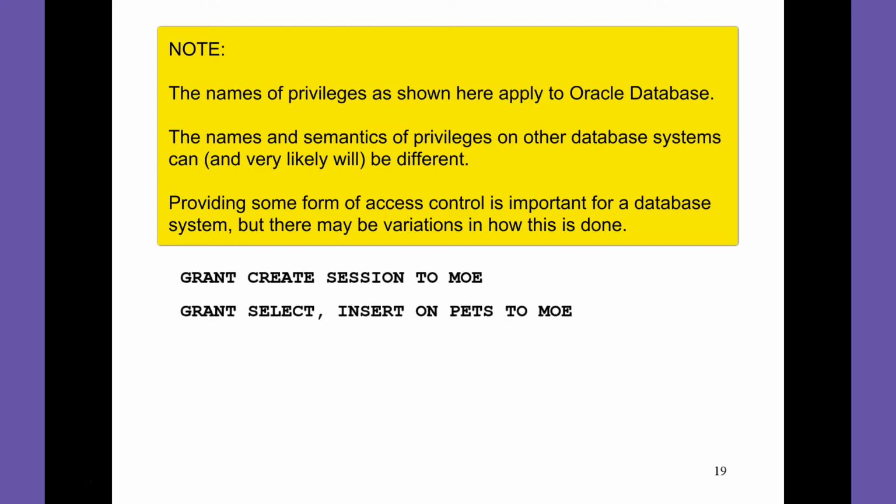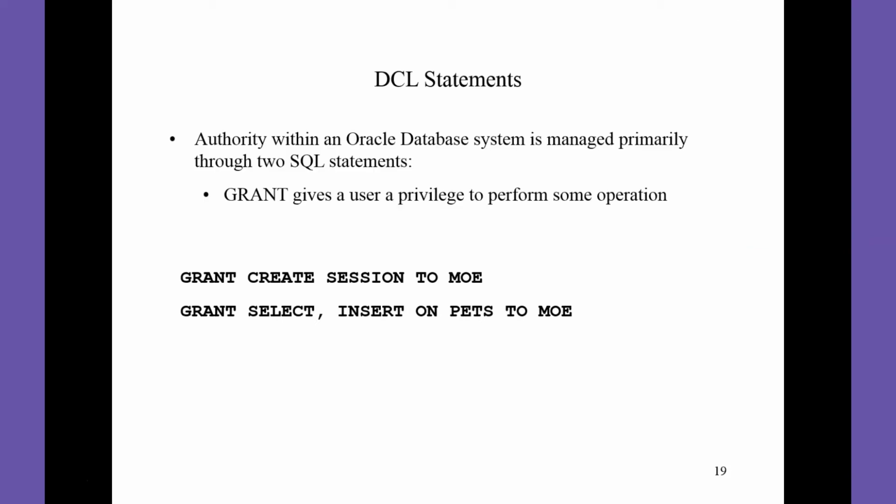For example, we can allow Mo to connect to the database and perform various operations. This would be accomplished by granting Mo the create session system privilege. Now Mo can actually connect to the database. What can Mo do? Well, assume that I created the pets table as shown earlier.